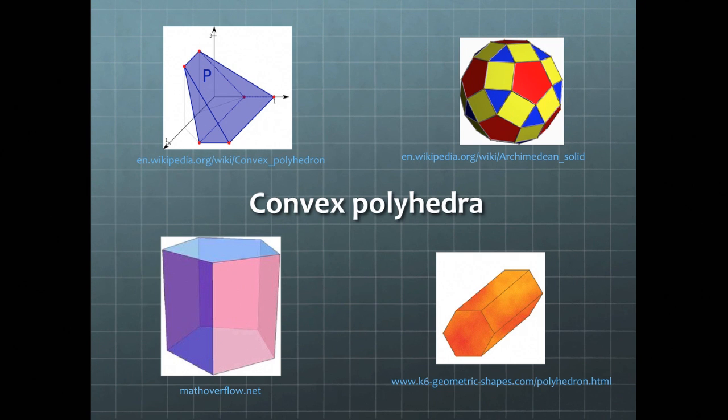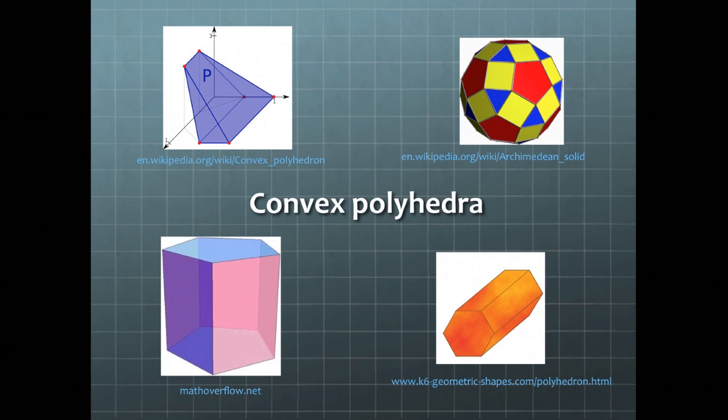I'm showing you here 4 examples that I've taken from various sources. The only perhaps misleading aspect of these 4 pictures is that, with the exception of the one at the top, they seem to have some kind of symmetry or regularity. There's no reason to expect that in a general linear programming problem or mixture problem. But what you always should expect is that you get some kind of a convex polyhedron.